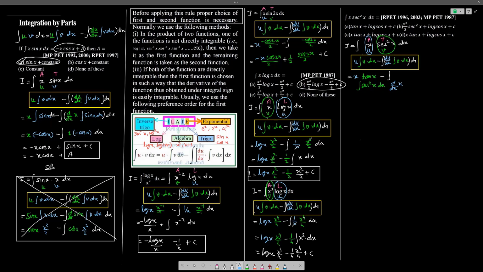Differentiation of x will be 1, we don't write it, mistakes happen, and integration of v, which is tan x, dx. Now your first term will be as it is, and integration of tan x is log mod sec x plus c.